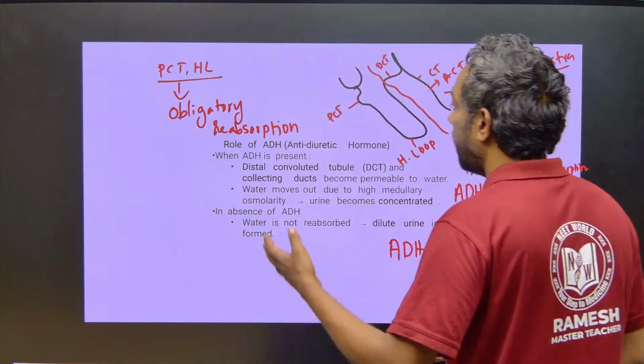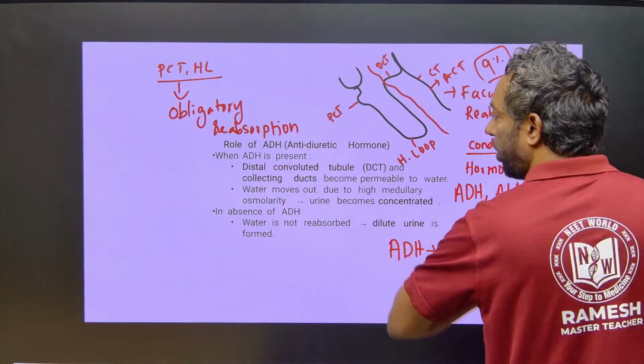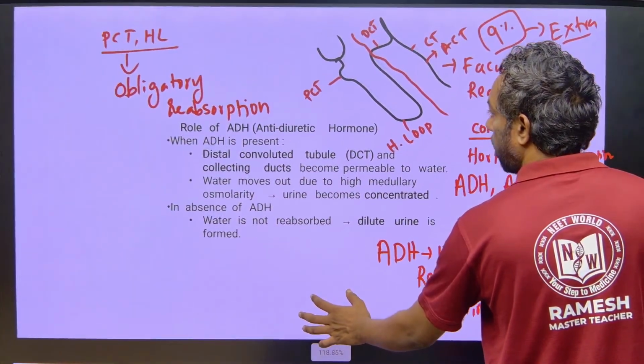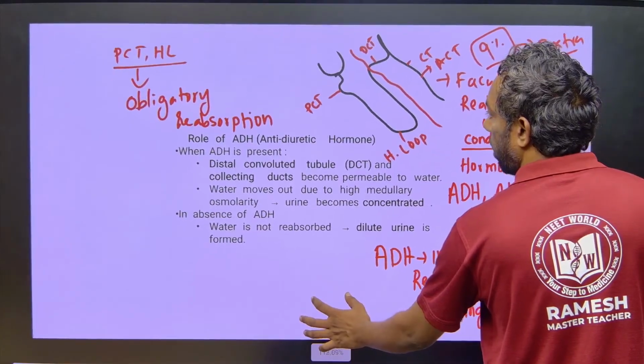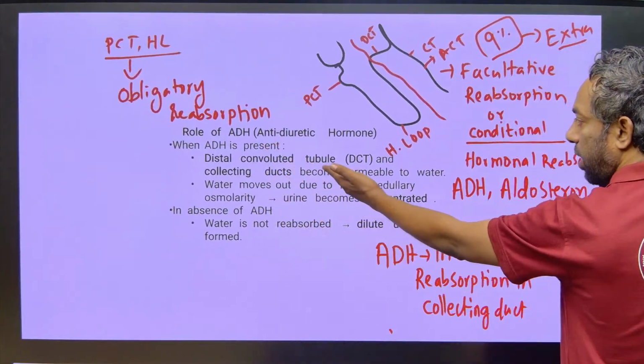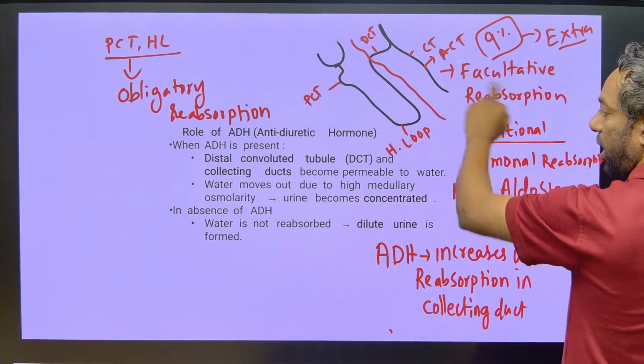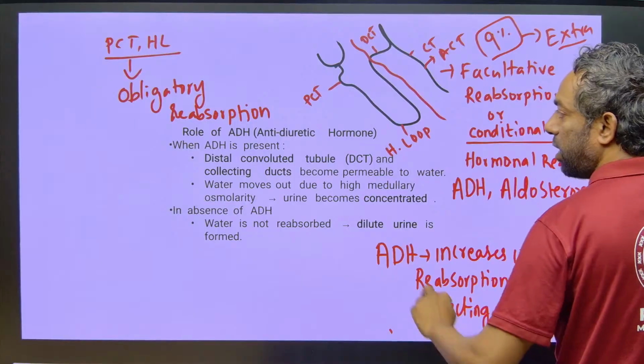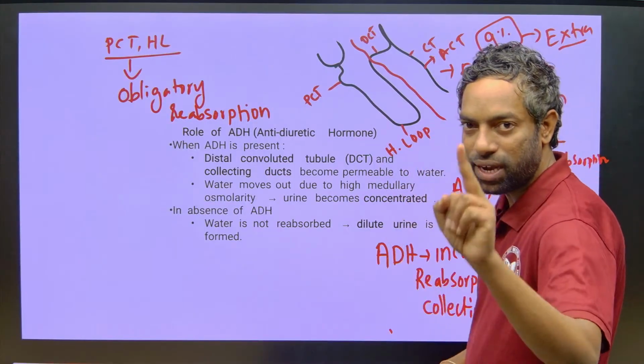Okay, the role of ADH, antidiuretic hormone: the distal convoluted tubule, the DCT part, and the collecting duct become permeable to water only in the presence of ADH hormone.